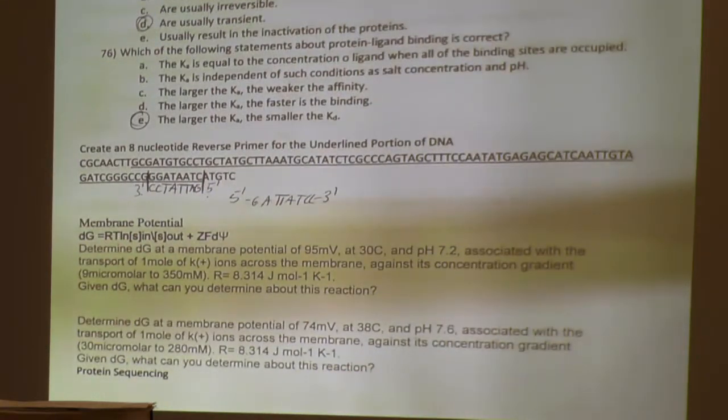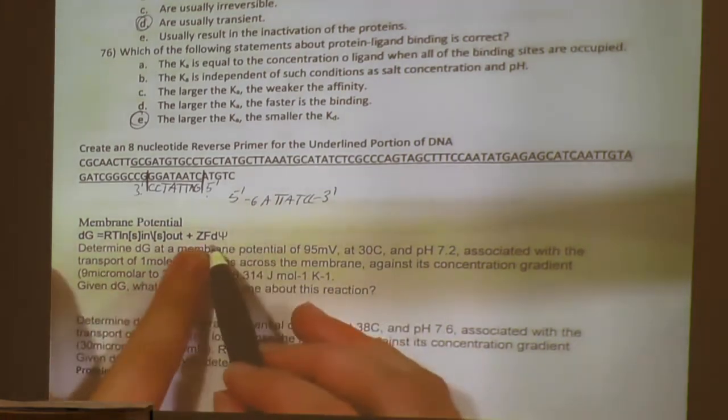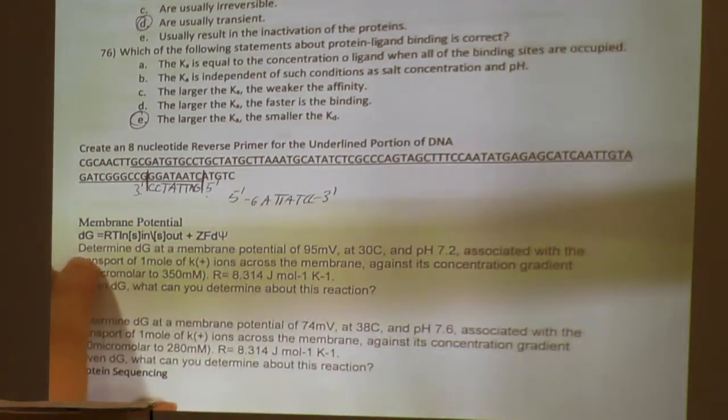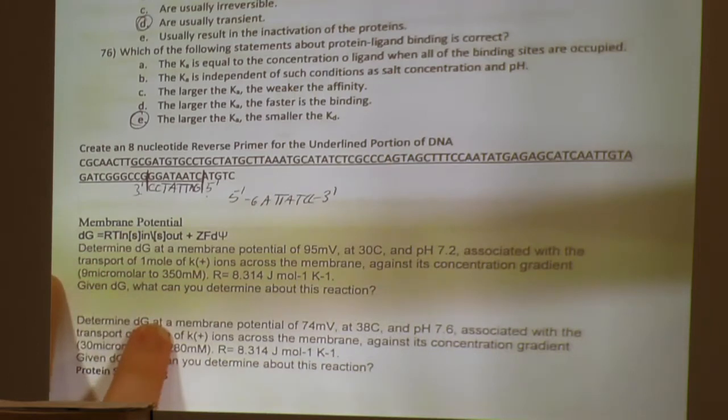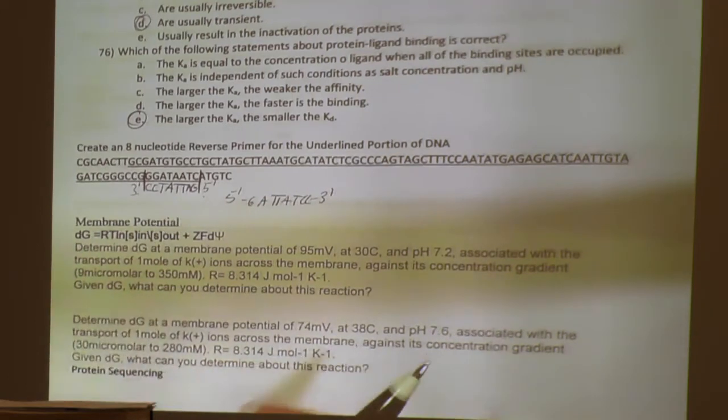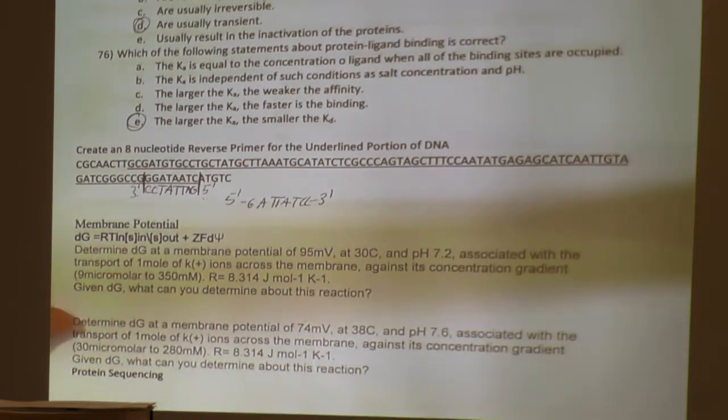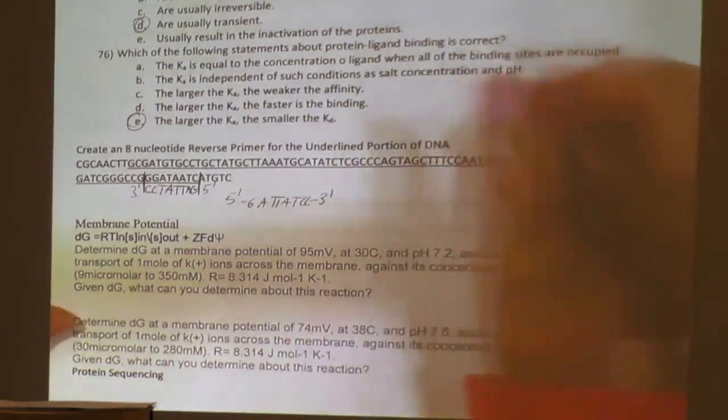All right, so membrane potentials. In this equation, what is F? Okay, so it's going to be Faraday's constant, and we use the one that is 96.5 kilojoules per mole.